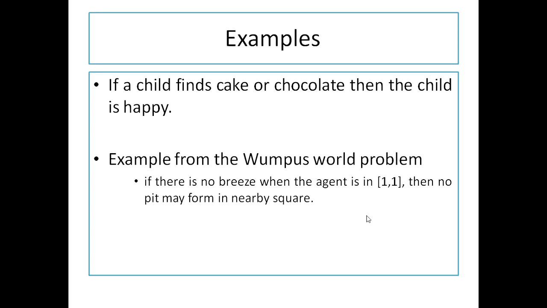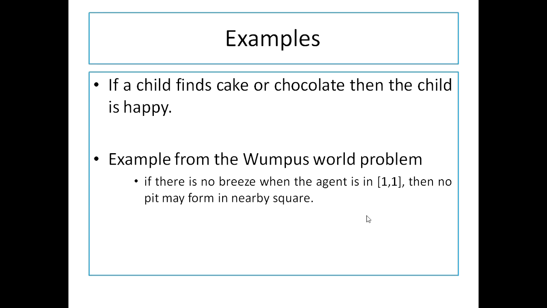You can negate the goal statement, check whether the child is happy or not. You can negate the goal statement and generate logic statements for the statements: a child finds cake, a child finds chocolate, a child finds cake or chocolate. For all these statements you can generate propositional logic statements and then prove the conclusion.